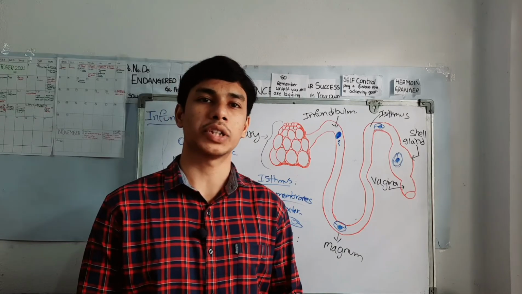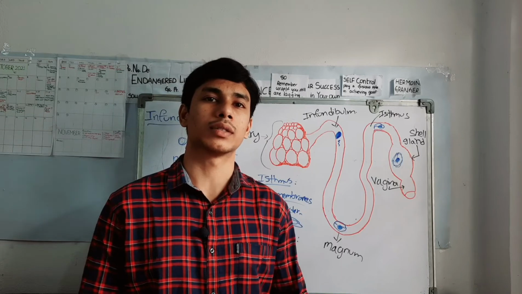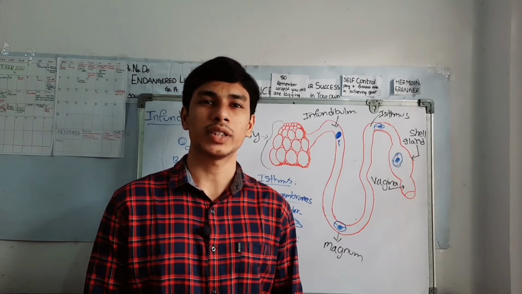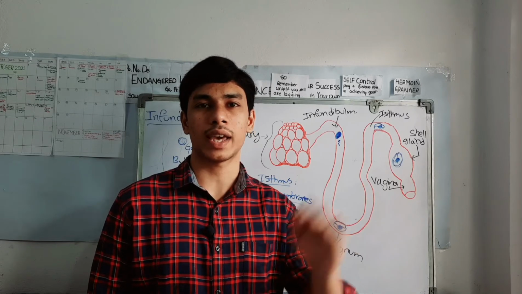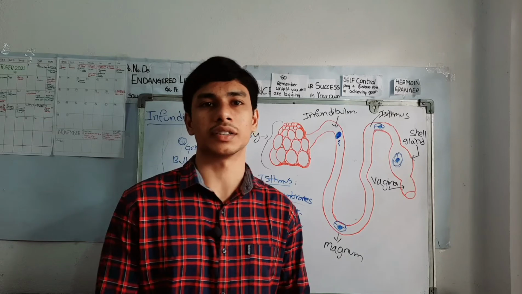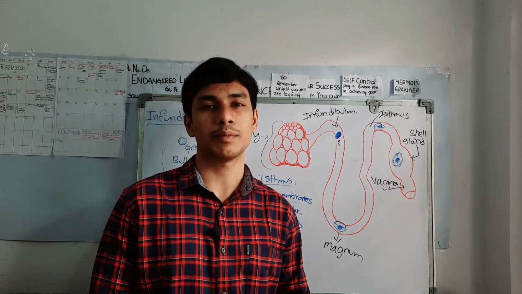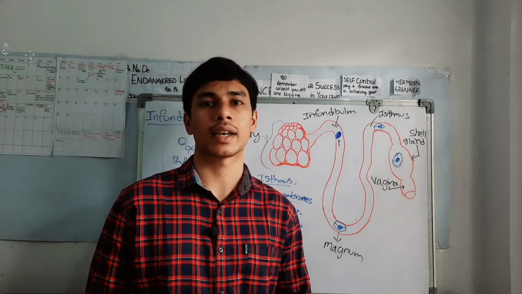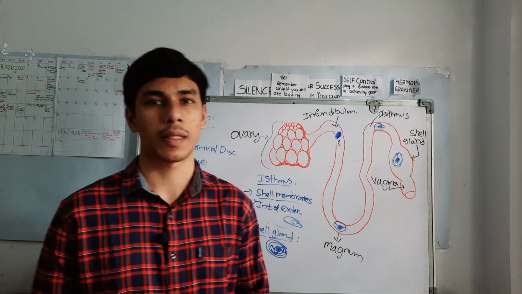A calcium carbonate shell is formed around the yolk. This process is called calcification. And a protein substance is deposited on the calcium carbonate layer. This process is called mineralization. Gas can pass through the protein shell, but harmful bacteria cannot pass through this shell.